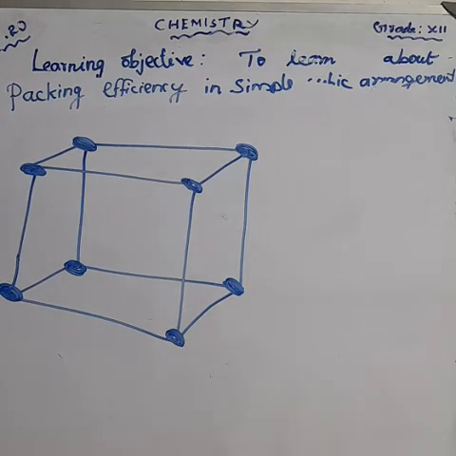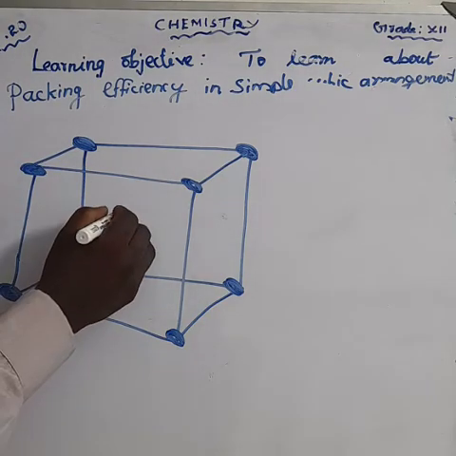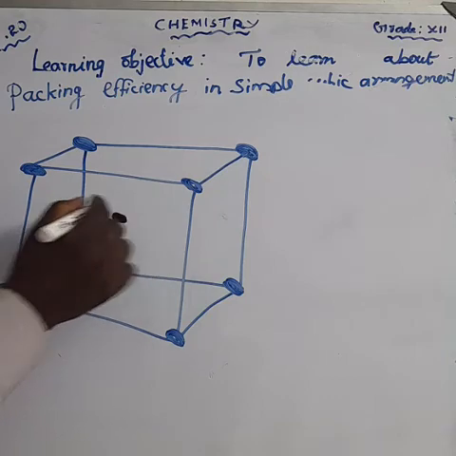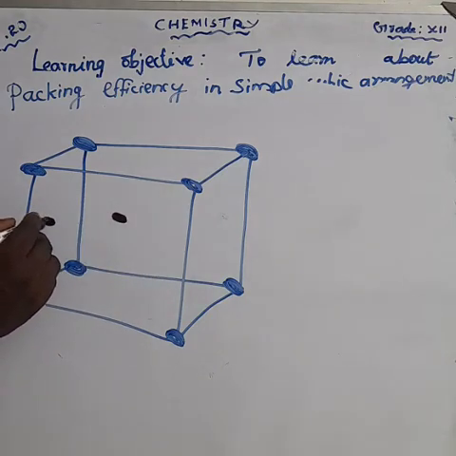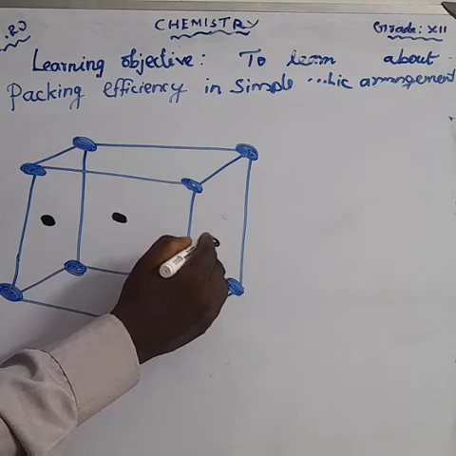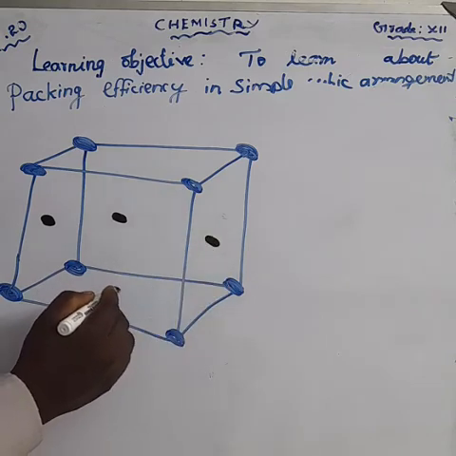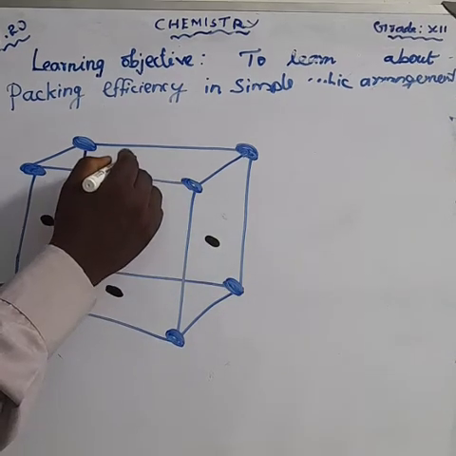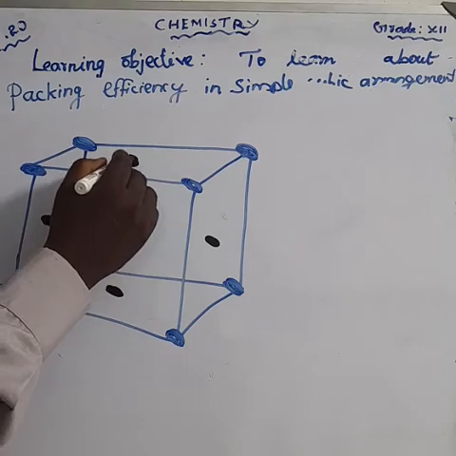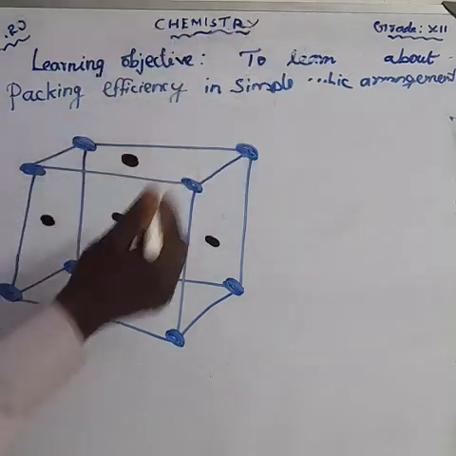Here we have 8 corners, and I told you this cube has how many faces? 6 faces. Face 1, face 2, face 3, face 4, face 5, and the back side, face 6.